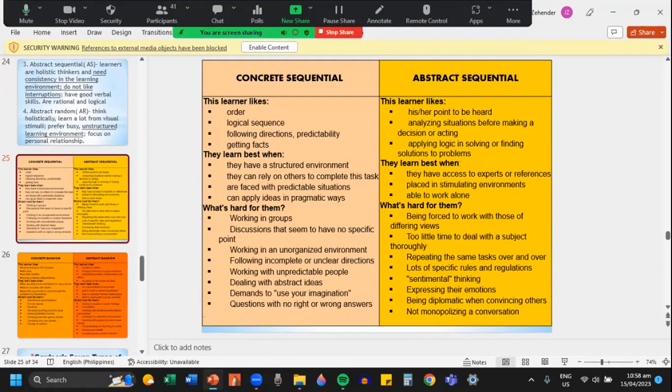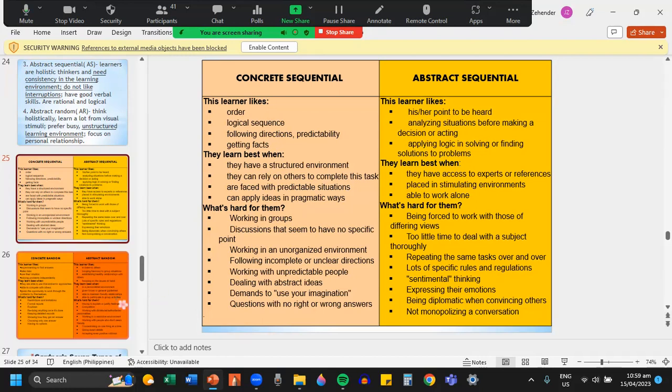The mechanics for this one: you may choose to type it or have it handwritten, just make it a PDF. Basically you're going to write about your learning style, and you justify or give examples of situations wherein you can really say that this is your learning style.